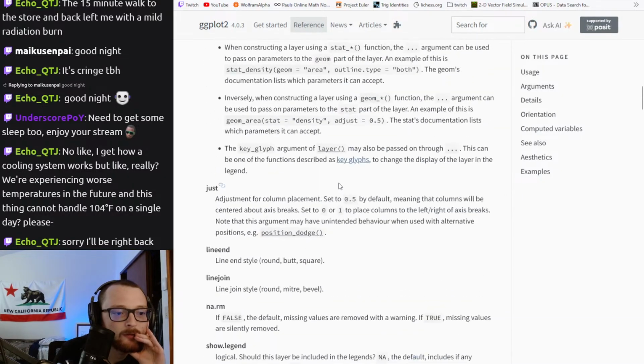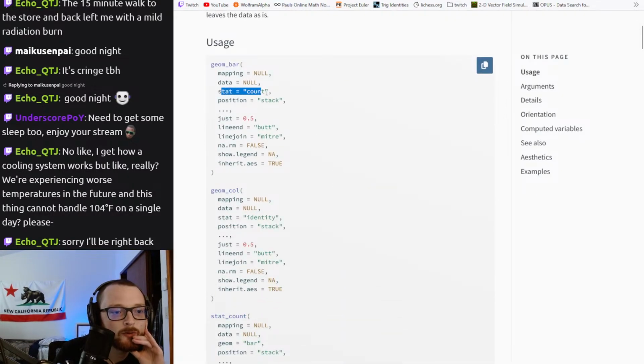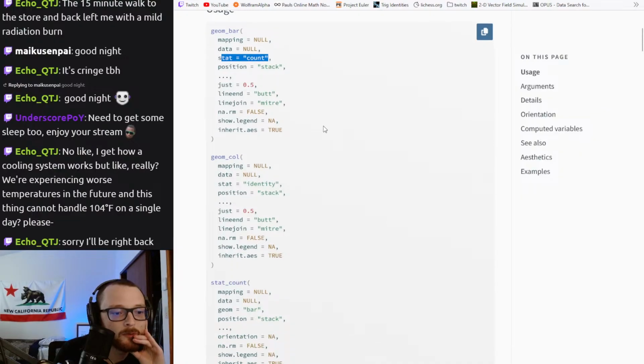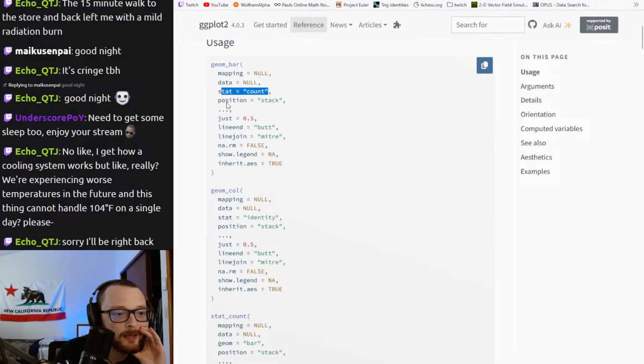Wait. I want to see. So with geom_bar, you can change the stat that it uses. So what really is the difference? Does one have an extra parameter maybe? No, they have the same parameters.